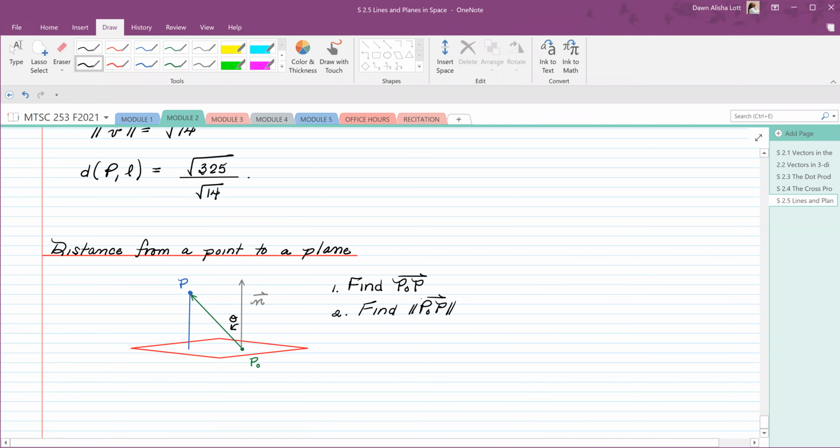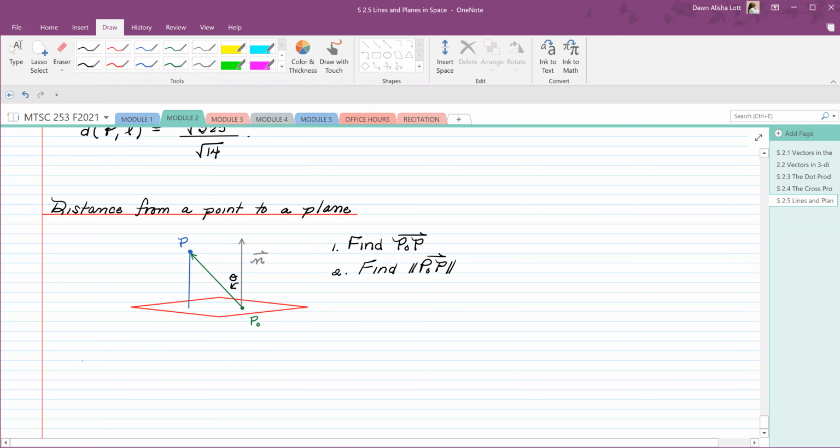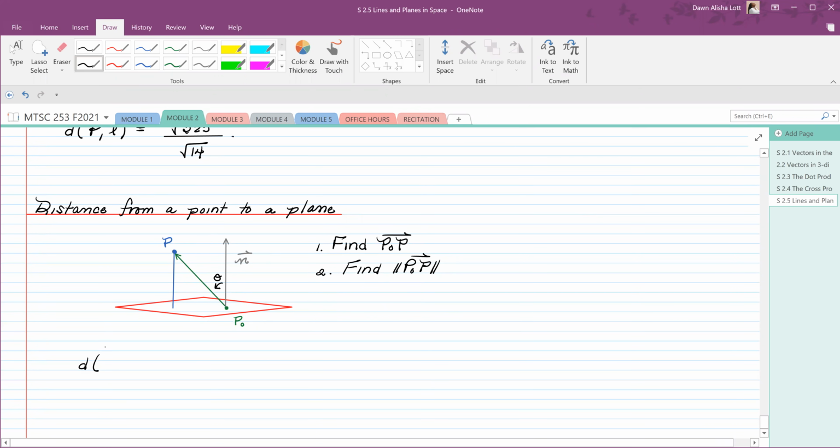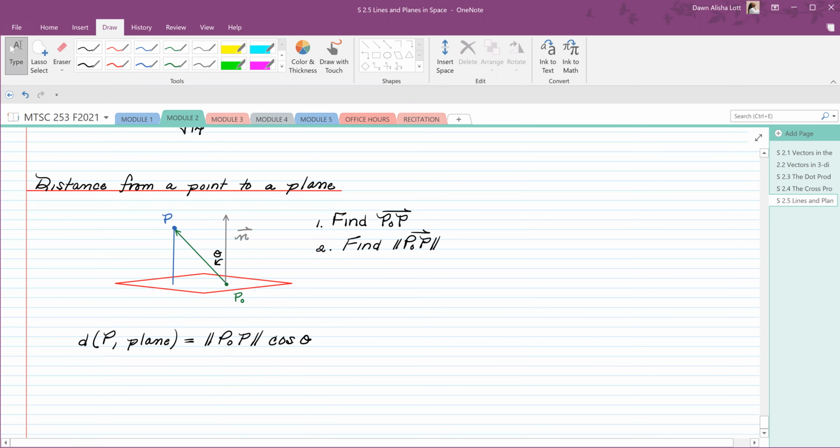Well, I can see from here that the distance from the point P to the plane is simply going to be the length of P naught P times the cosine of theta. That's just using regular trig. Okay. But we've seen that before.